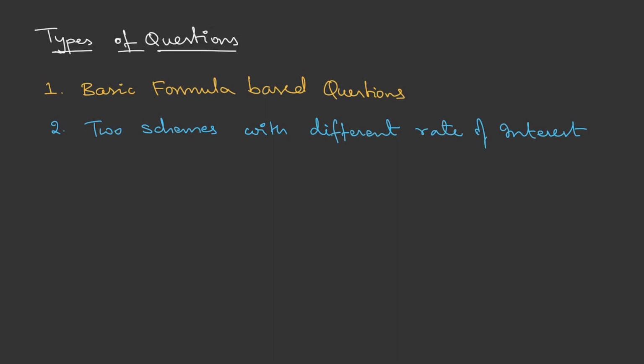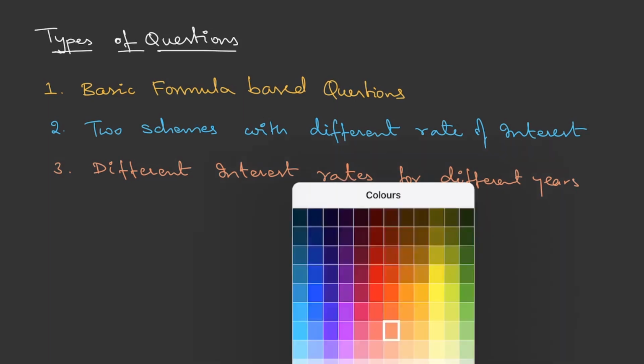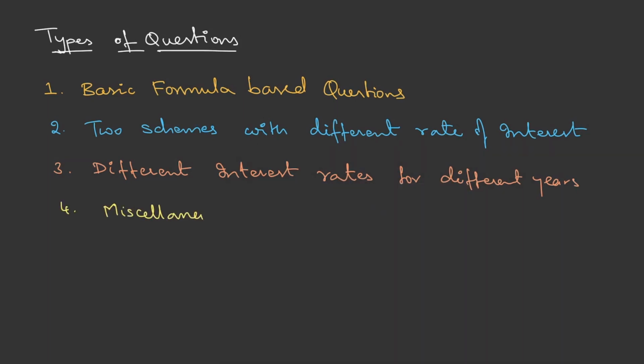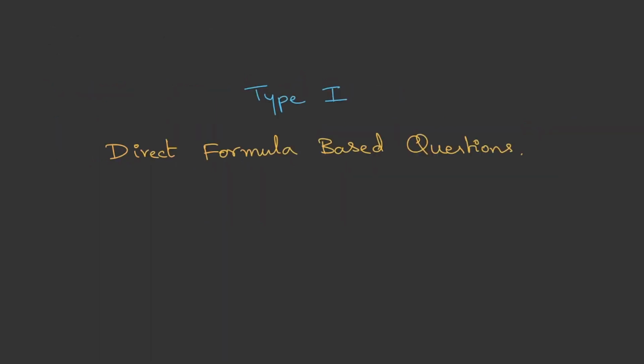The question comes with scheme A and scheme B, where A has some interest and B has some other interest, and we need to calculate. Third is different interest rates for different years. And the last one is mixed bag questions, or miscellaneous questions. Okay, let's try the first type, direct formula based questions.